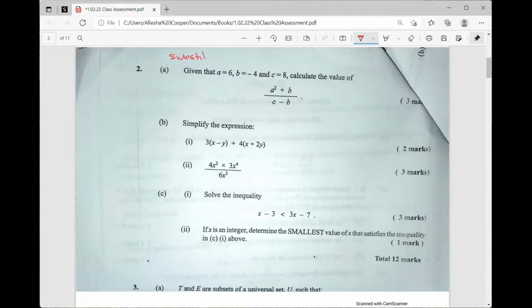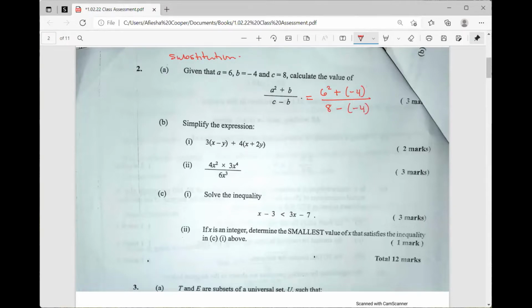Always be able to identify what you're working out. Substitution is you replace the letters with its given value. So A is 6, so that's 6 squared, plus B is -4, so we put -4 all over C. C is 8, so 8 minus B, and remember B is -4, so you put back that negative.